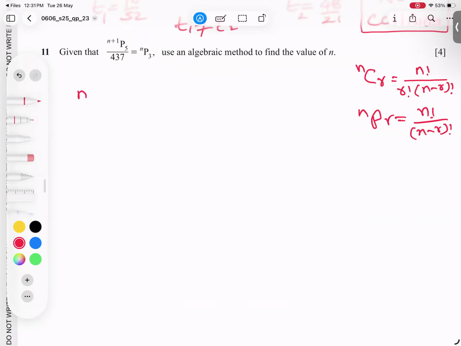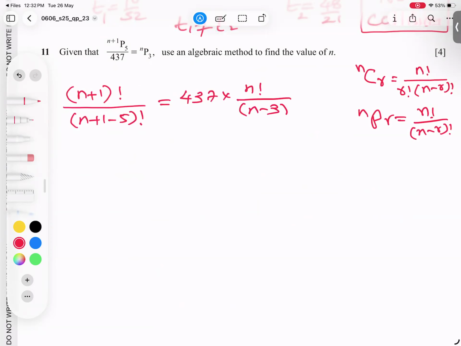It's creating some problem. N plus 1 P 5 is n plus 1 factorial over n plus 1 minus 5 factorial. Basically, these two numbers subtract, so n factorial over n minus 3 factorial, because of the difference of numbers. I hope this part has no problem.